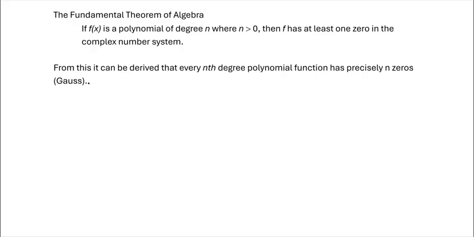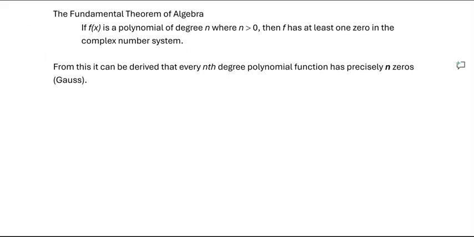In fact, Gauss in the 1800s proved that from this fundamental theorem of algebra, it can be derived that every nth degree polynomial function has precisely n zeros. In other words, a second degree polynomial would have 2 zeros.